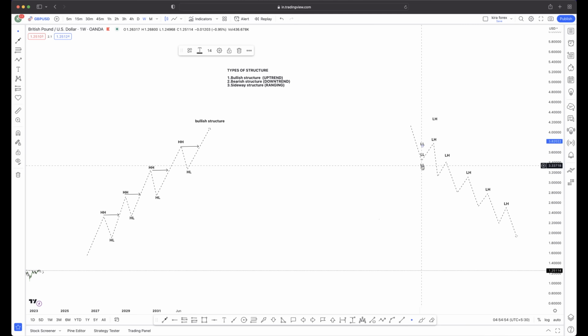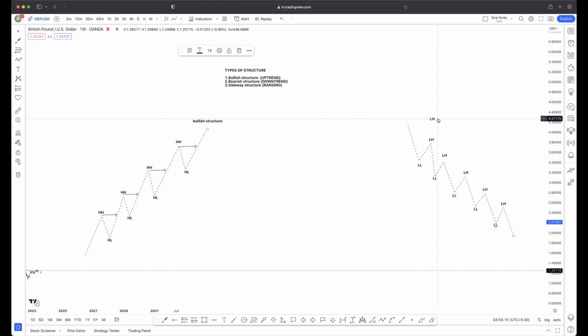We have our lower highs here, lower highs at this point, and then our lower lows also at this point. Basically this is a downtrend structure.